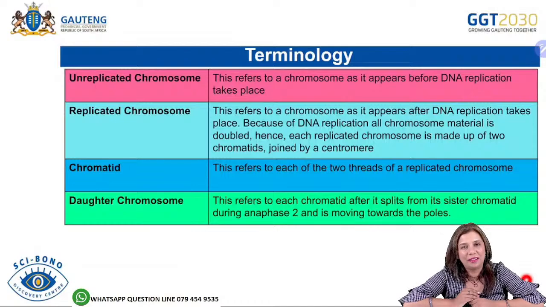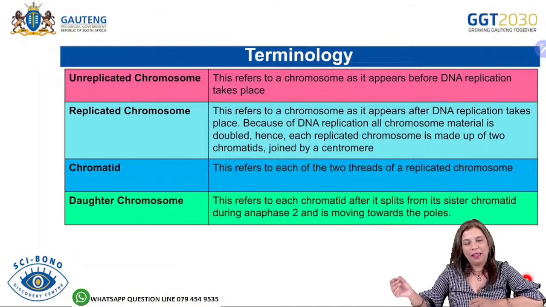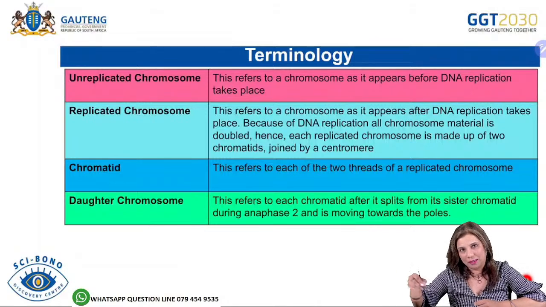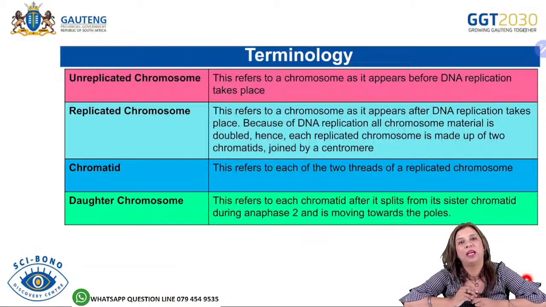So please, learners, when you are busy learning your work, when you're busy learning terminology, practice. Write the terminology down and then take another book and then mark it. Mark it in accordance with what you have in the textbook. Use Mind the Gap.